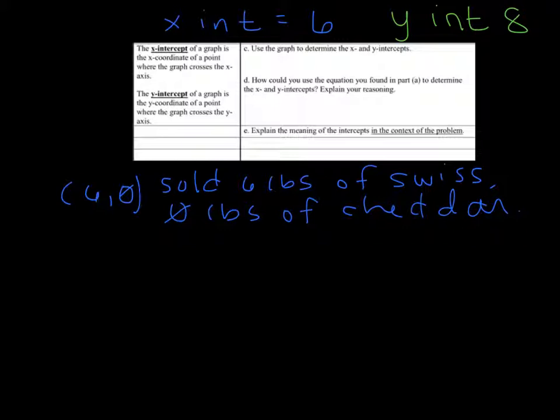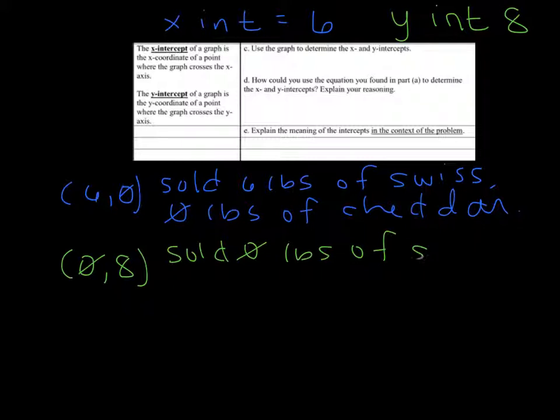On the y-intercept, since it was (0, 8), that must mean that they sold 0 pounds of Swiss and 8 pounds of cheddar. Okay?